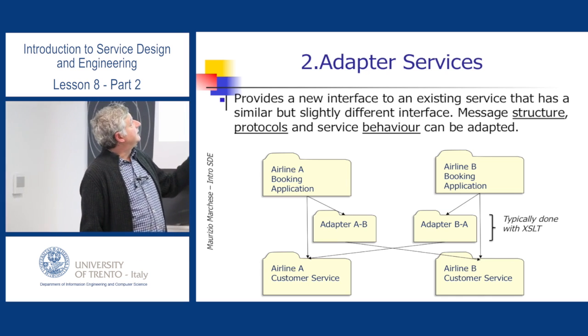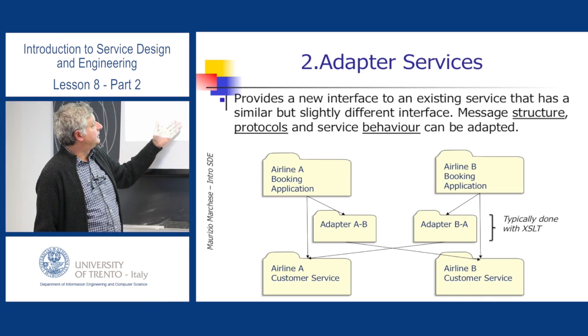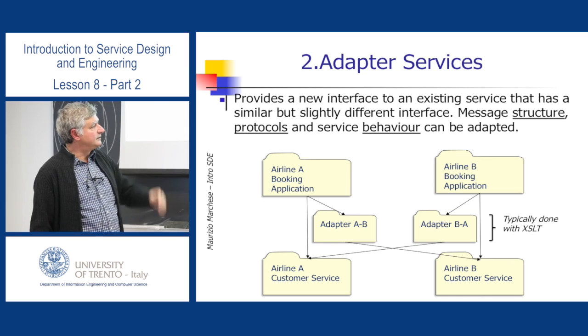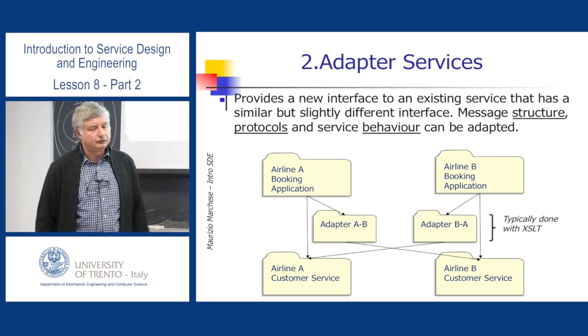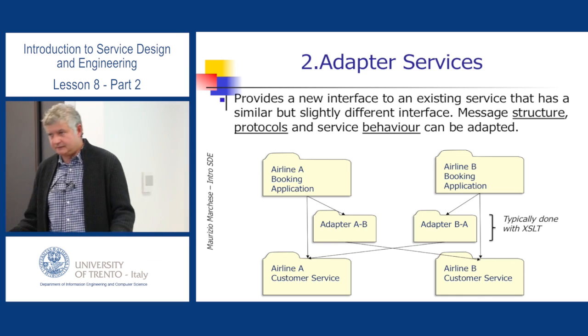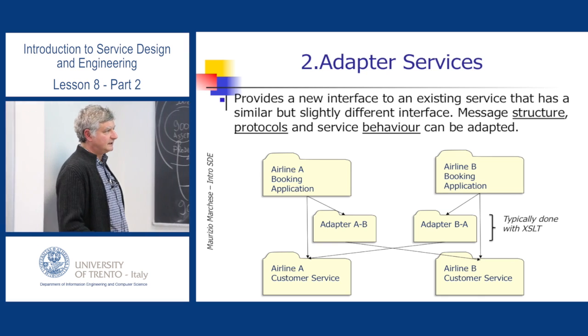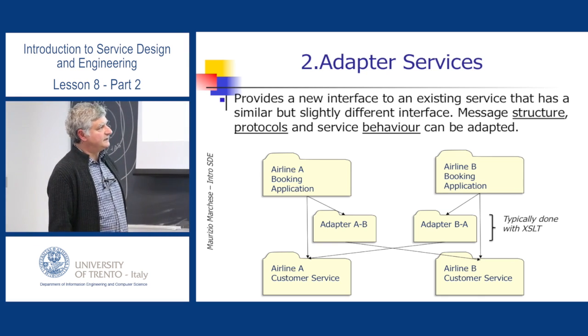For instance, you have a booking application that provides information. You have two airlines. That's probably better to start from the bottom. You have two airlines which have different databases and different basic services on top of these databases, which provide different formats.